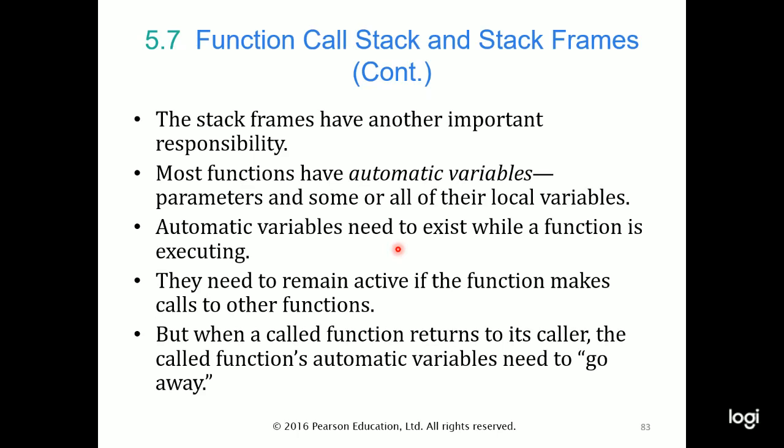You also put those inside your stack because you will need them when you come back. So in addition to the address, we also push our automatic variables, or local variables, onto the stack as well, so we can use them when we come back to a function.